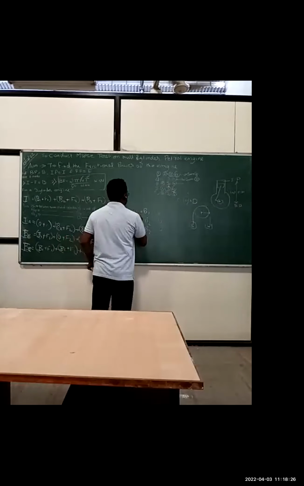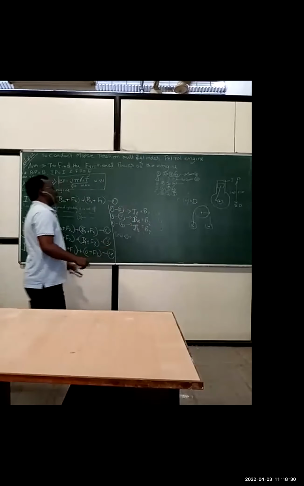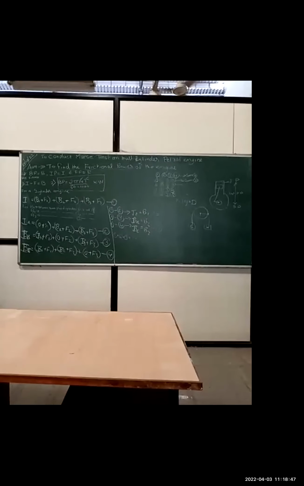I'm just changing the format. Still there's some confusion. Let me check what has happened. Okay, so here B1 plus B2 plus B3 will be equal to I, brake power.